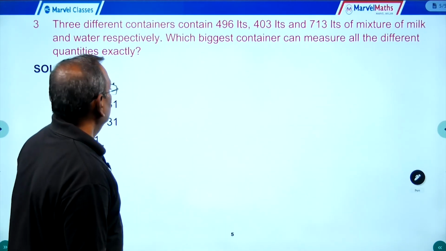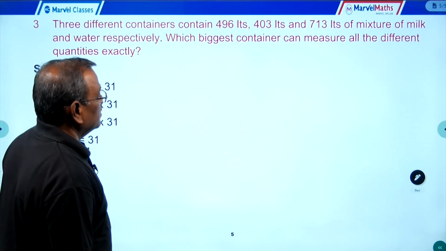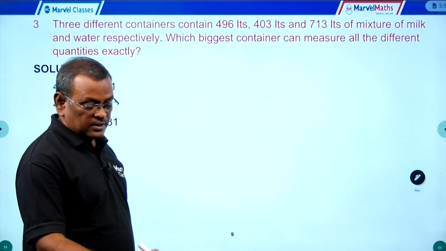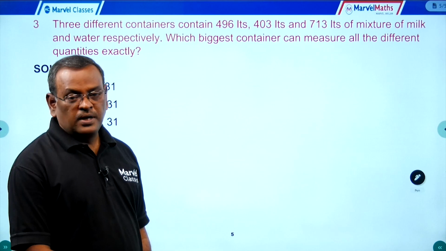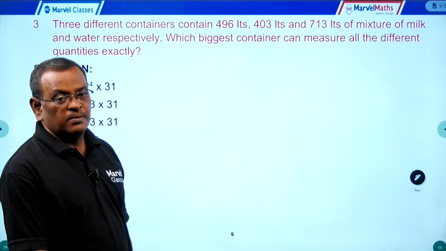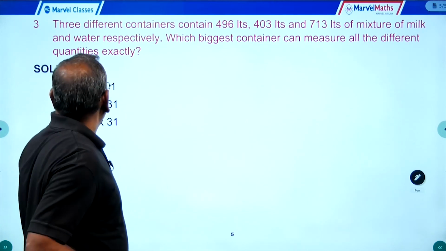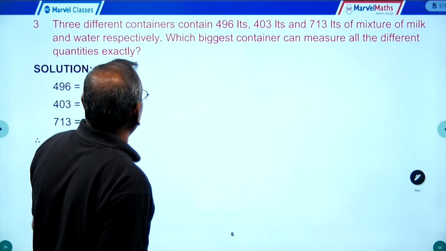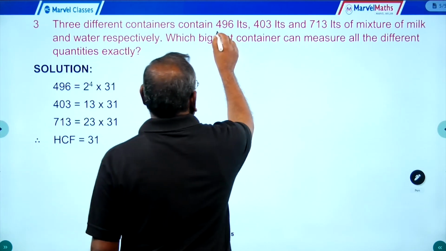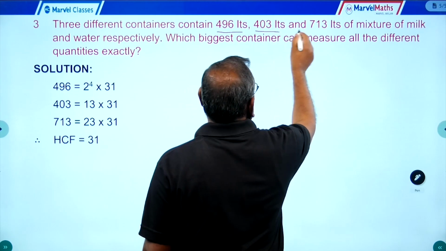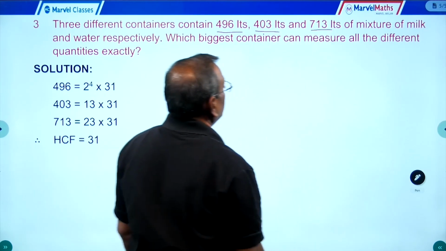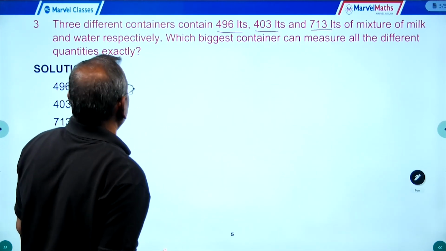Question number 3. This is also a 2 or 3 mark question. One of the very important questions in this exercise, word problems related with HCF and word problems related with LCM. The given question is: 3 different containers contain 496 liters, 403 liters and 713 liters of mixture of milk and water respectively.